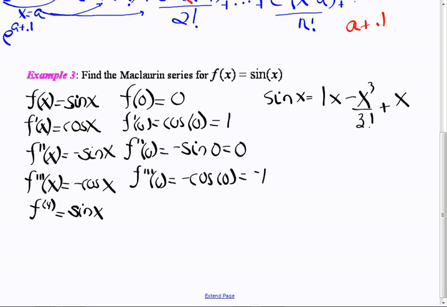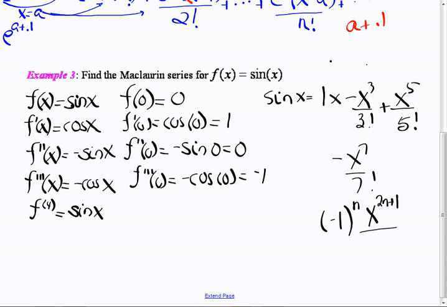Plus x to the 5th over 5 factorial. Minus x to the 7th over 7 factorial. And it's minus 1 to the what? Depends on where you start. And then it's x to the 2n plus 1 over 2n plus 1 factorial.